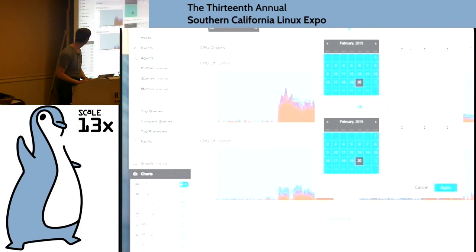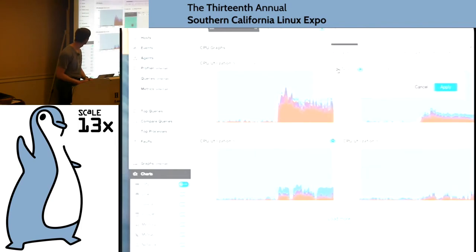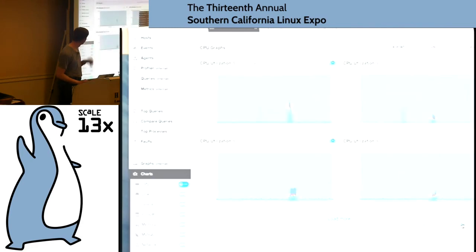Let's do over the last hour, ending now. Practically nothing. The only time we utilize these CPUs is during those very short bursts of time when we have a bulk operation going on.